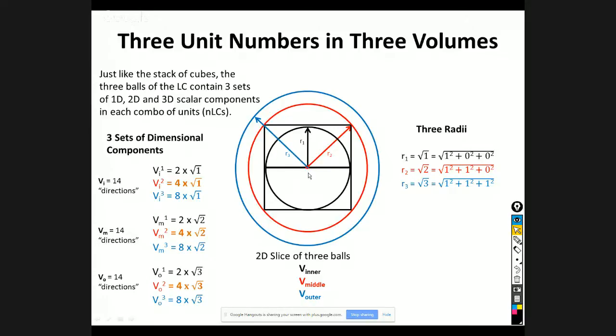So we have listed over here the various components of each of these that are in the stack, if you will. Of course, one of them is outside the stack, but they are defined by the stack. If we take the inner volume, the black one here, its diameter is 2 times 1, which is 2 times the square root of 1.